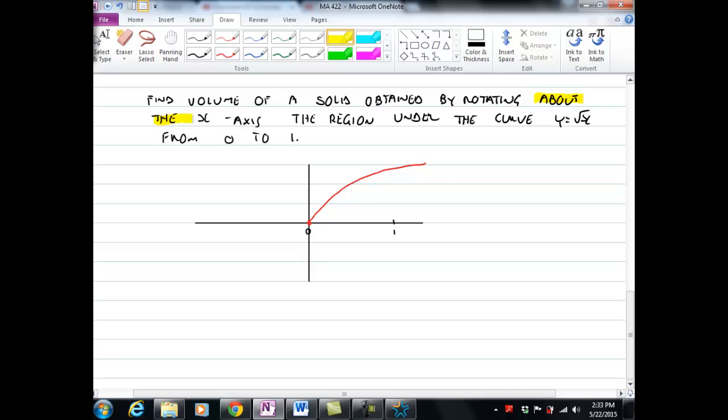We are going to rotate it on this axis right here, which means I'm going to spin it really, really fast. And when you spin it really fast, it looks like you form a little vortex, like a cone. So draw this in right now.